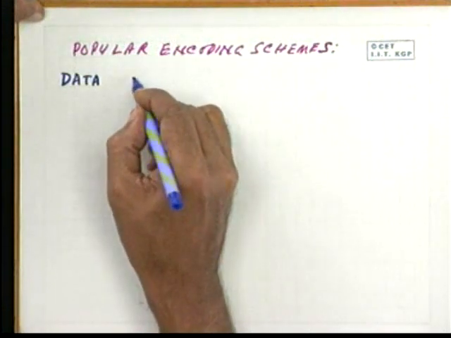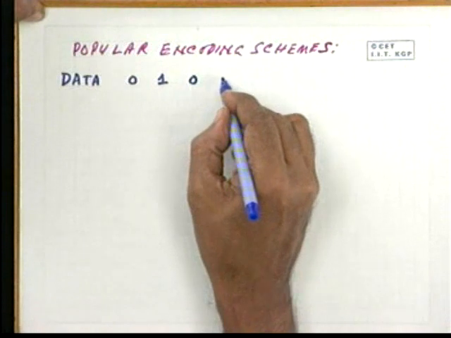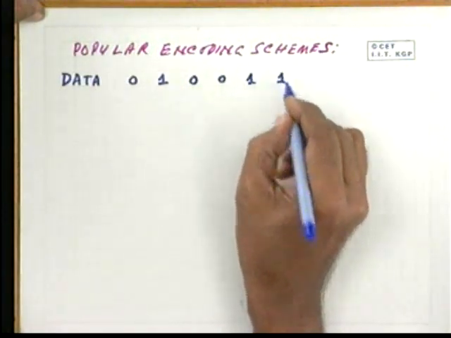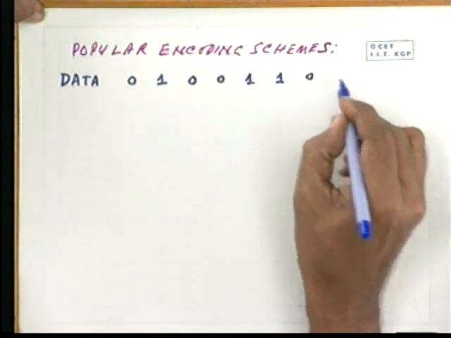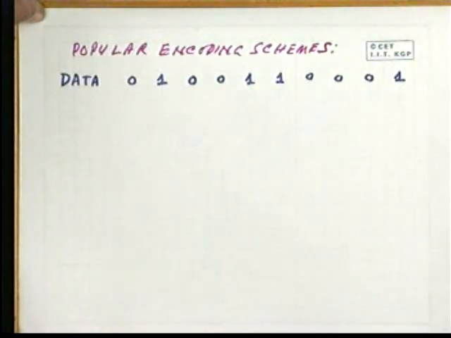Data is say 0, 1, 0, 0, 1, 1, 0, 0, 0 and 1.